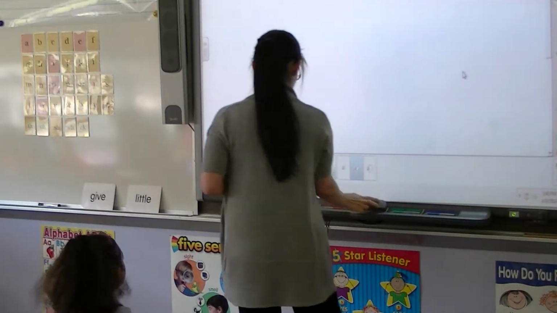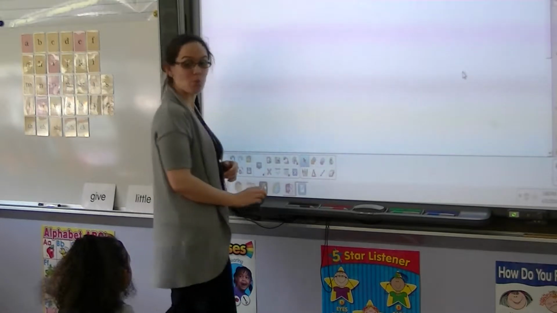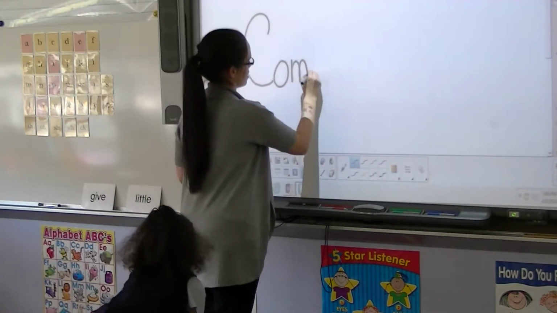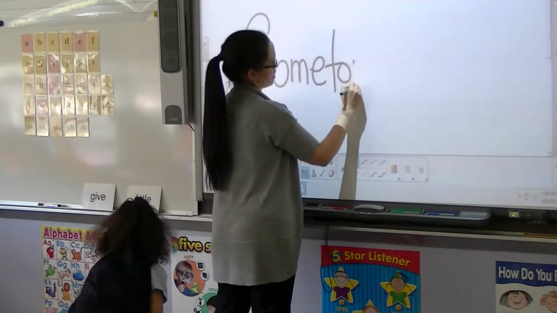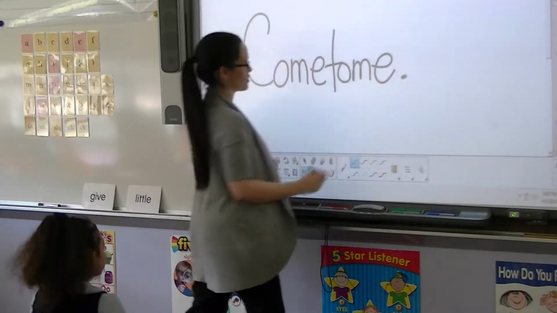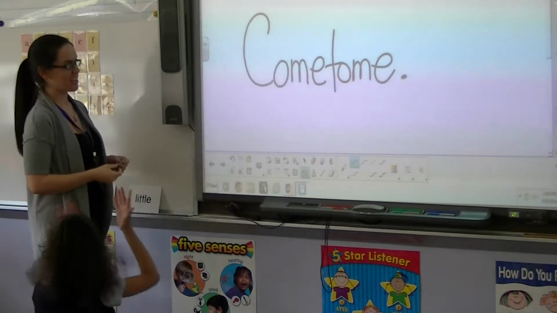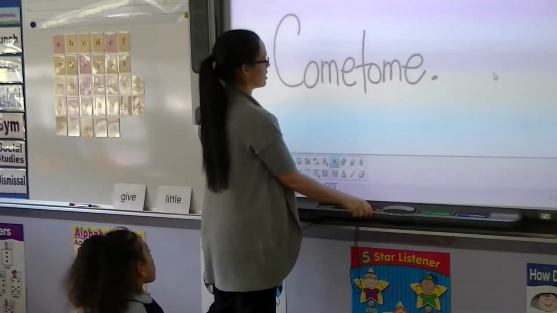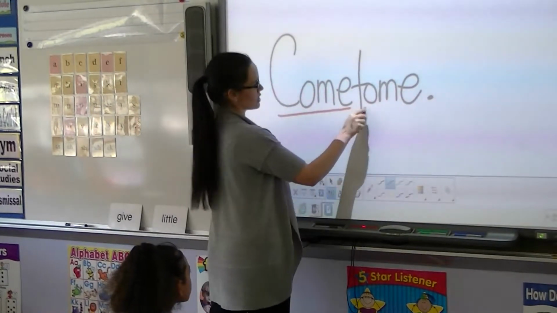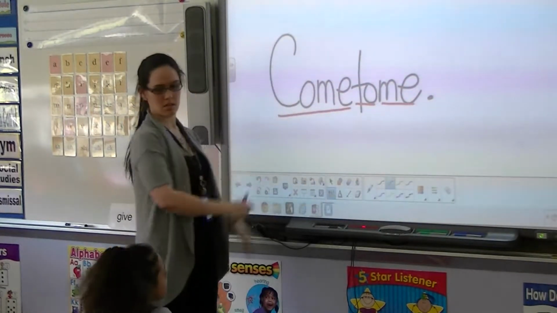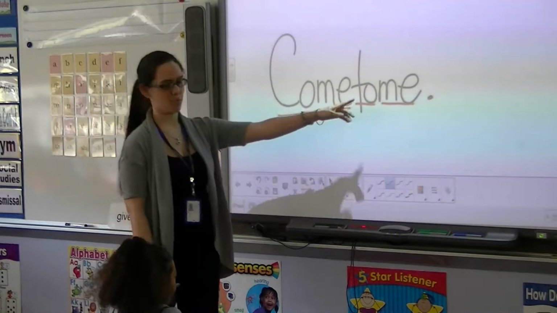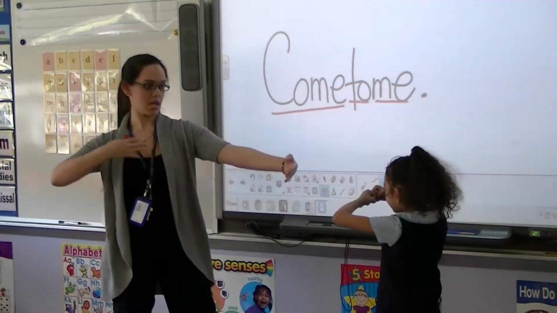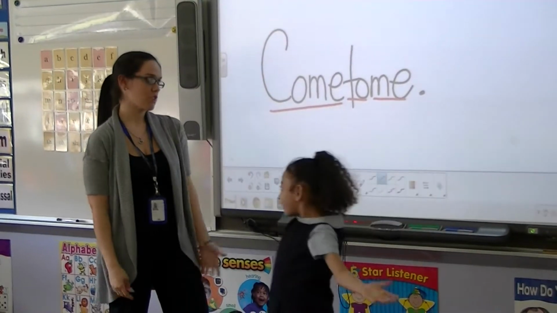Okay. I'm going to write, come to me. Ready? Come to me. What's wrong? They're all squished. What do I need? Look, I'm going to underline in red. This is a word, and this is a word. What do I need to do? Stretch the sentence out.